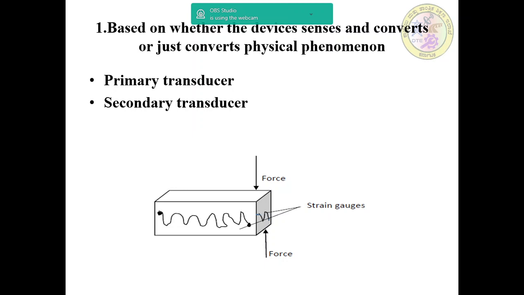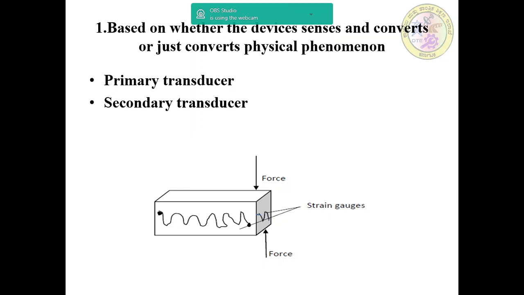Next one is the secondary transducer. Secondary transducers are those which convert the analogous output of the detector, which has sensed the physical phenomenon, into another analogous output. For example, we will take measurement of compressive force with the help of a load cell.